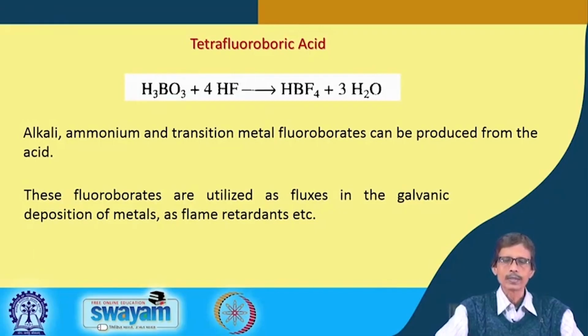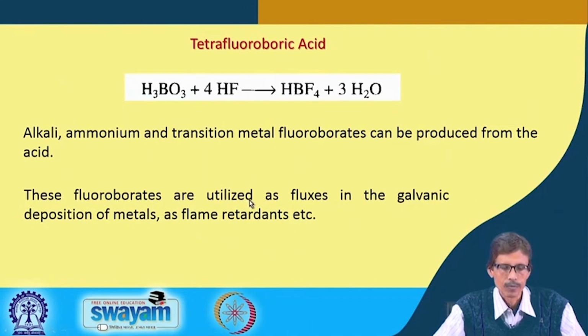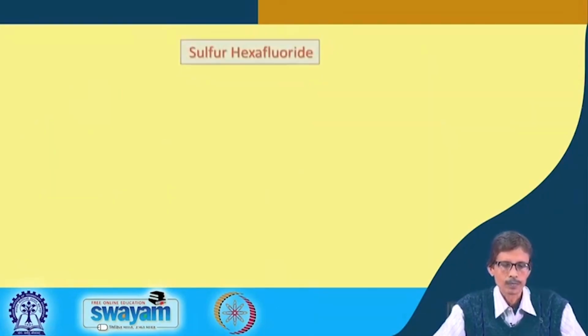If we go for transition metal deposition, it is transition metal ion fluoroborates. So, you take transition metal ion fluoroborates in a corresponding electrolysis bath and you can go for electrolysis, or sometimes these fluoroborates are also useful as a flame retardant material. So, they can reduce the flame and they can extinguish the flame for some useful purposes.